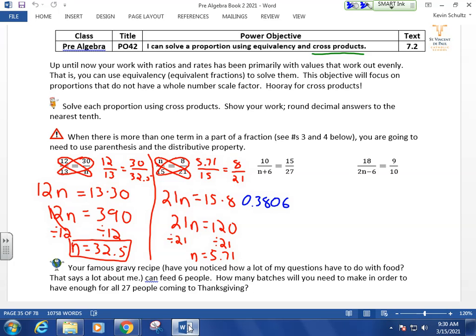For 8 divided by 21, I got 0.3809. Does that mean I'm wrong? I mean, they're very, very close, aren't they? They're only off by 3 ten-thousandths. But why are they different?